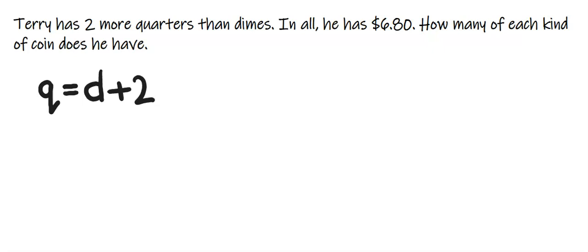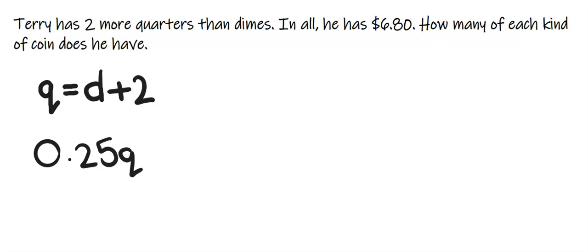Okay. Now we have to make an equation which represents the total value of all the coins. So we'll write 0.25Q because a quarter is 0.25 dollars.